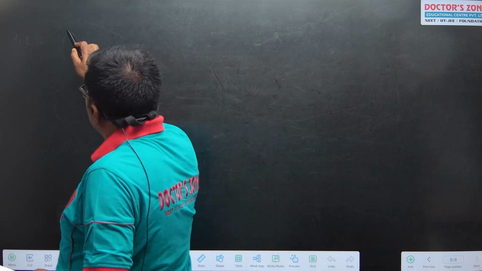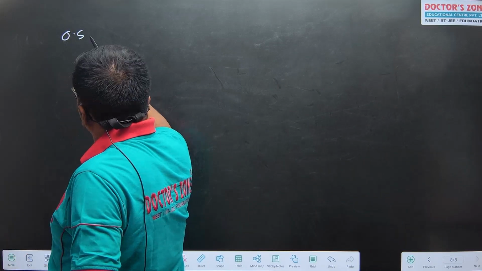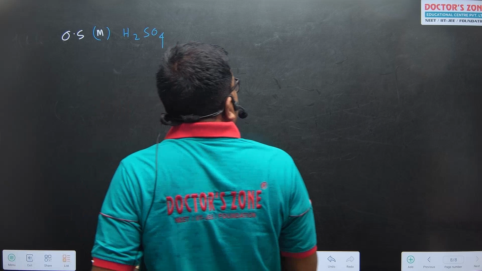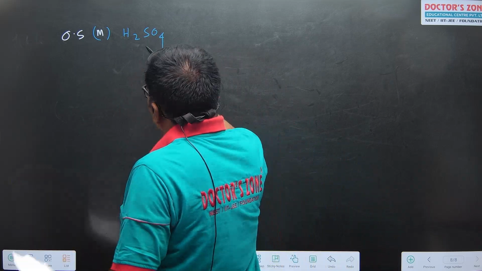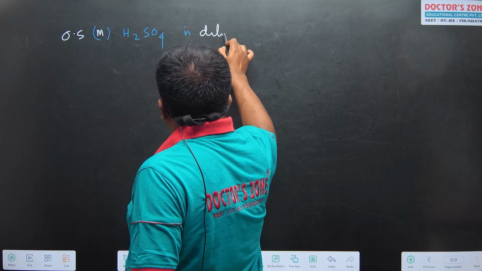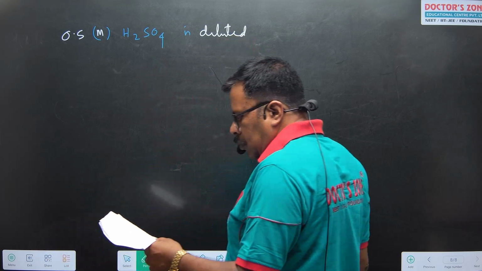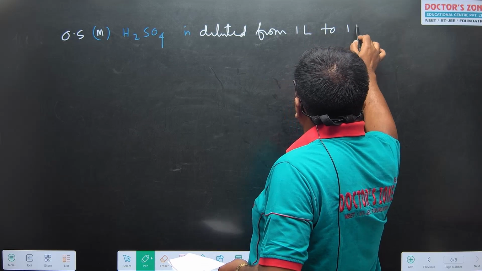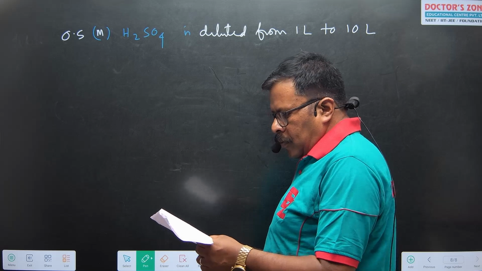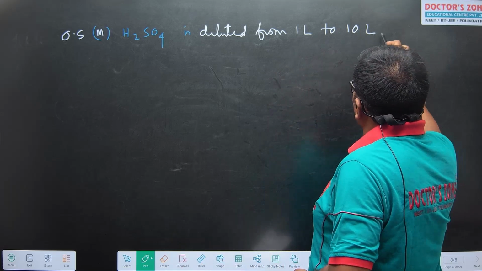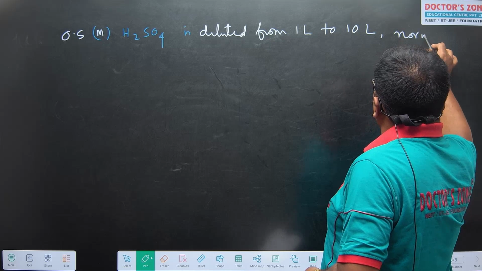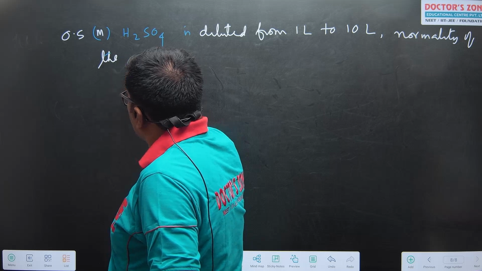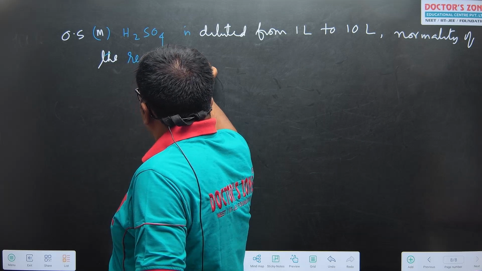It says 0.5 molar H2SO4 solution is diluted from 1 liter to 10 liter. And find the normality of the resultant solution.